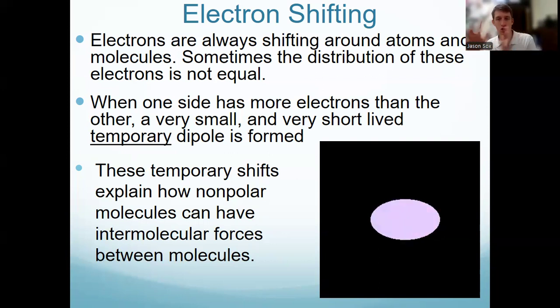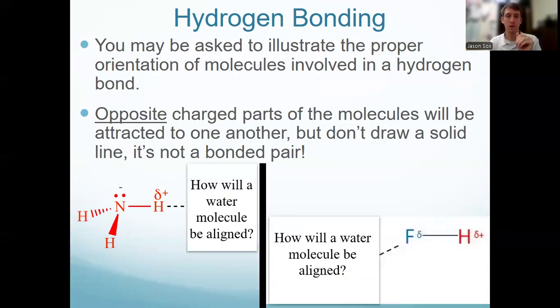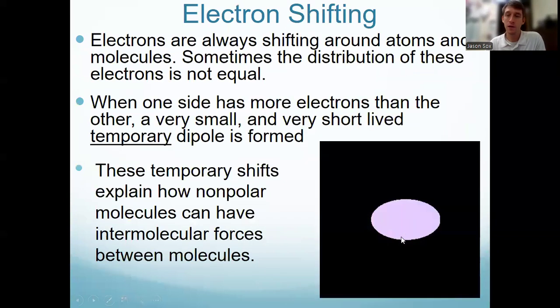These temporary shifts of the electrons in the cloud can create temporary dipoles. That's different than what we were talking about over here, where the difference in electronegativity was permanent, right? There's never going to be a time that fluorine's not pulling with a greater force than hydrogen. So fluorine's always going to be negative. In our scenario here, those temporary shifts of the electrons in clouds can create temporary partial positives and partial negatives.